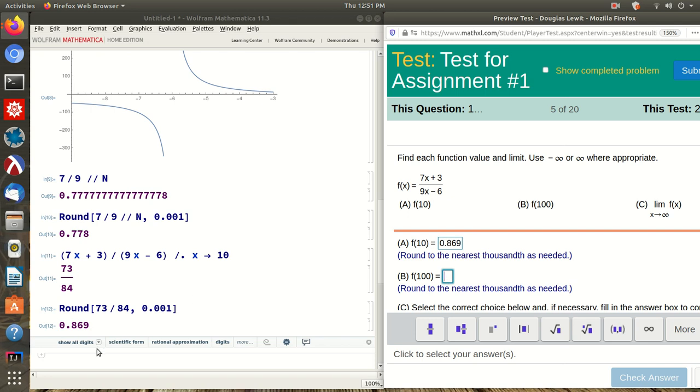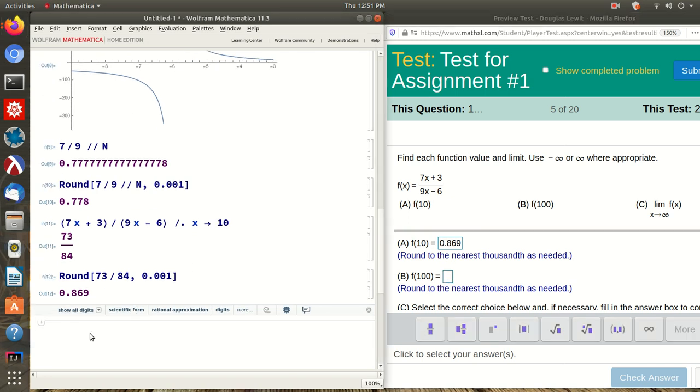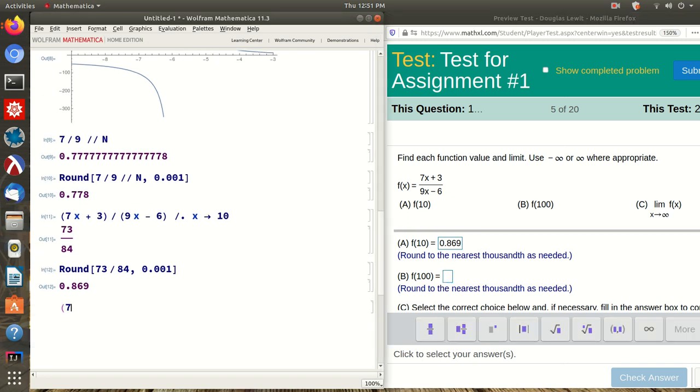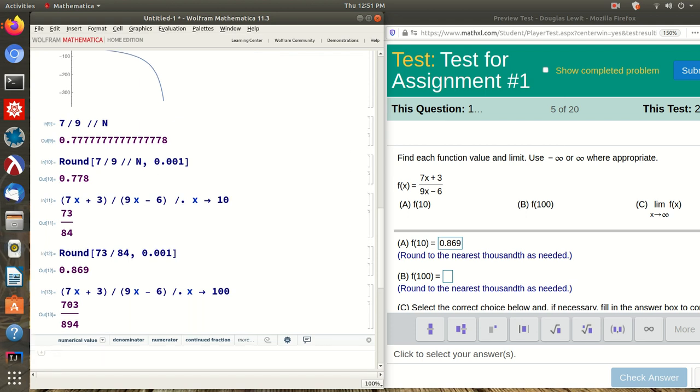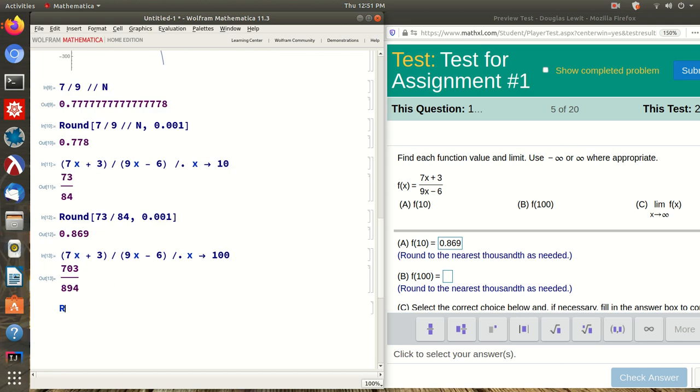And we'll do the same thing to find f of 100. 7 times x plus 3 divided by 9 times x minus 6. What happens when x is replaced with 100? 703 over 894. If I just type a percent symbol in Mathematica, it means my last answer.